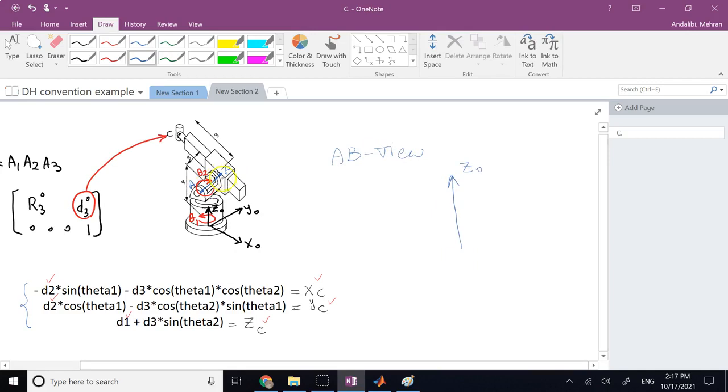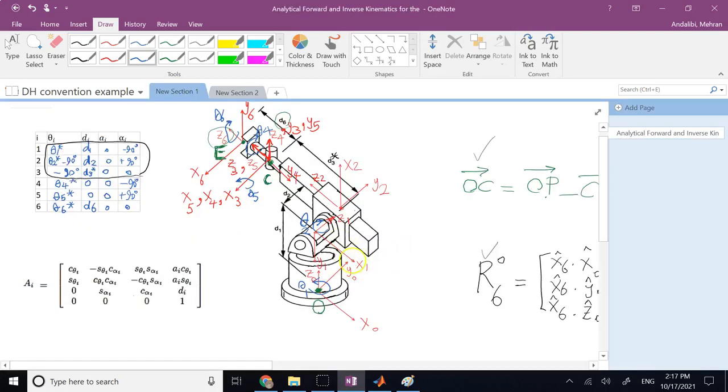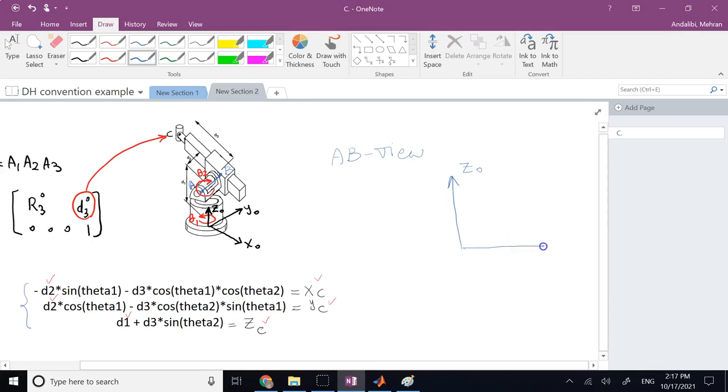And since AB is attached to this member, then the other axis is not really X0. It is going to be the same as X1 really. So it is going to be this X1 Z0 view. But all we care about right now is Z. If you look here, you have your D number 1 going up like this, and then you have the other member, which is D3 like this, and then you have this angle, which is theta 2.